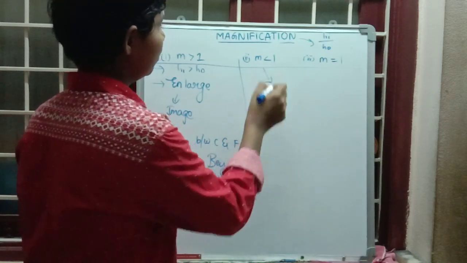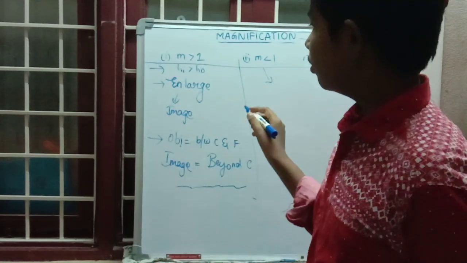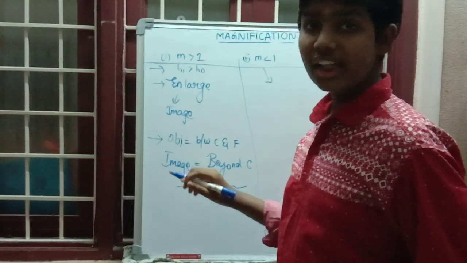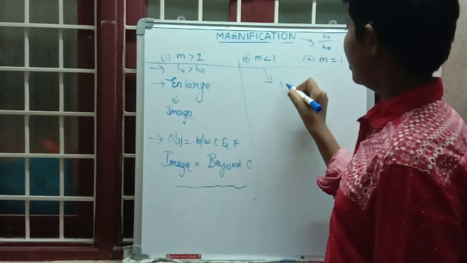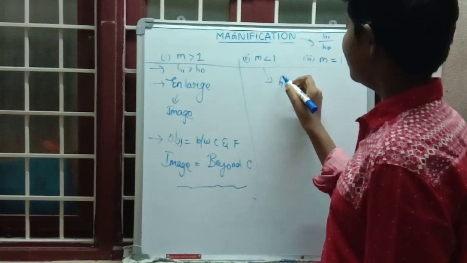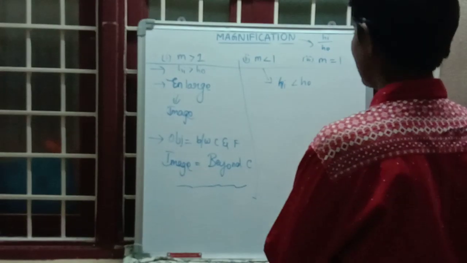Now m is less than 1. Here greater than 1 means height of image is greater than height of object. Here, height of image is less than the height of object, as we have taken m less than 1.